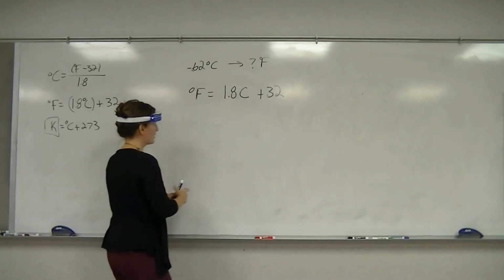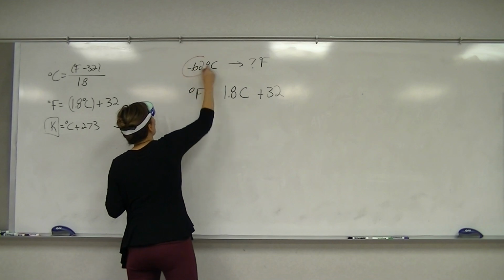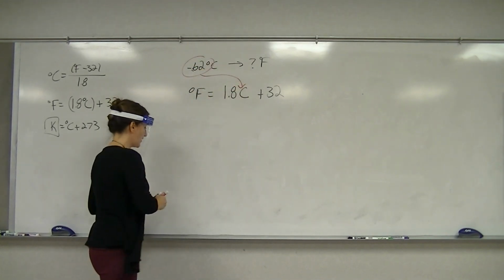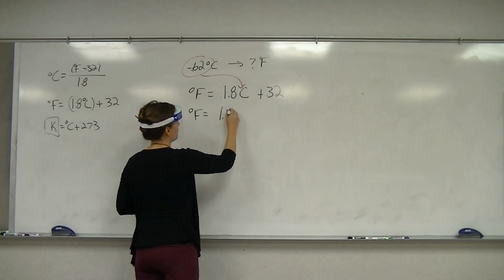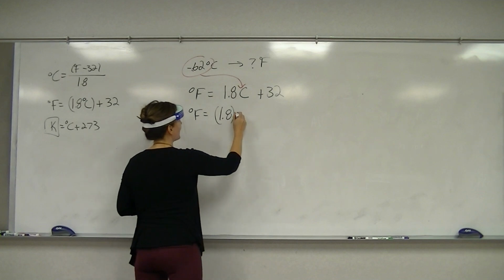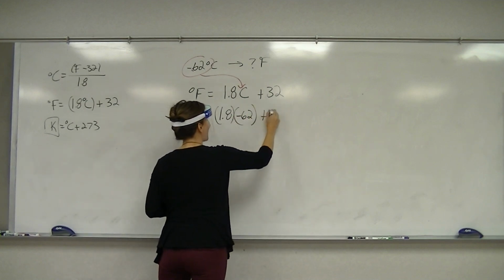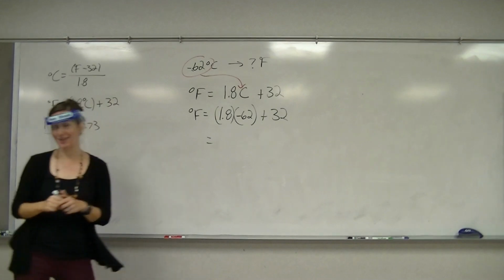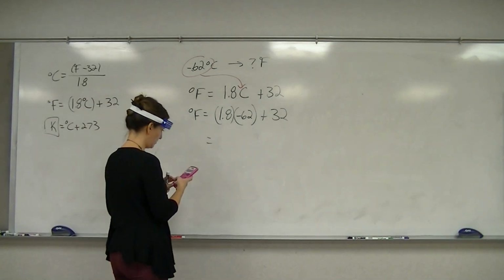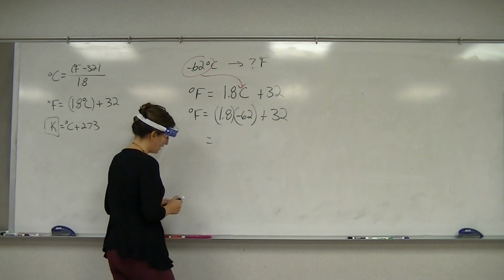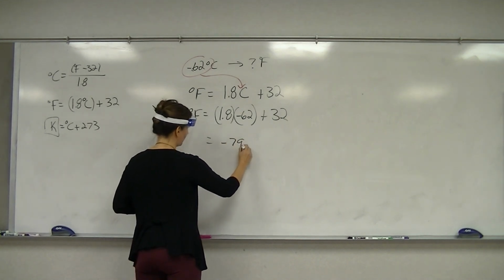I'm going to take this -62 and plug it in where that variable C is. To figure out the degrees Fahrenheit, I take 1.8 and multiply it by -62, and then add 32 to that value. 1.8 times -62 plus 32, and I get -79.6.